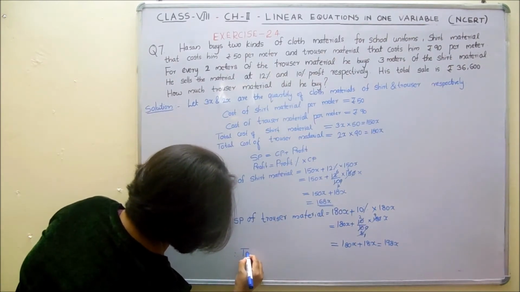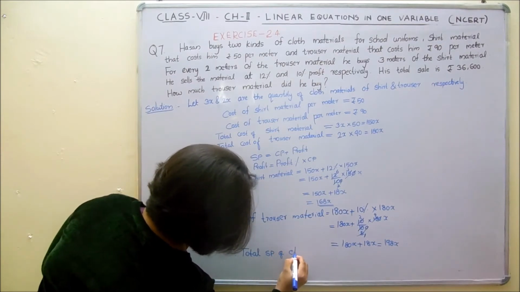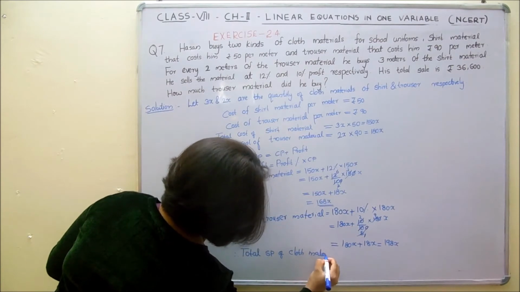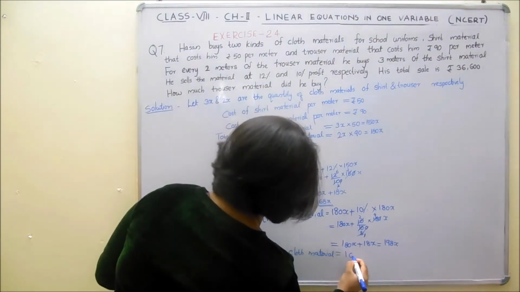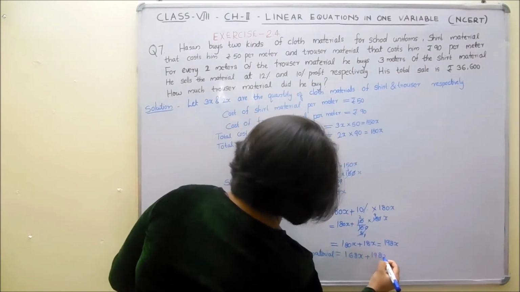Therefore, total SP of cloth material equal to 168x plus 198x.